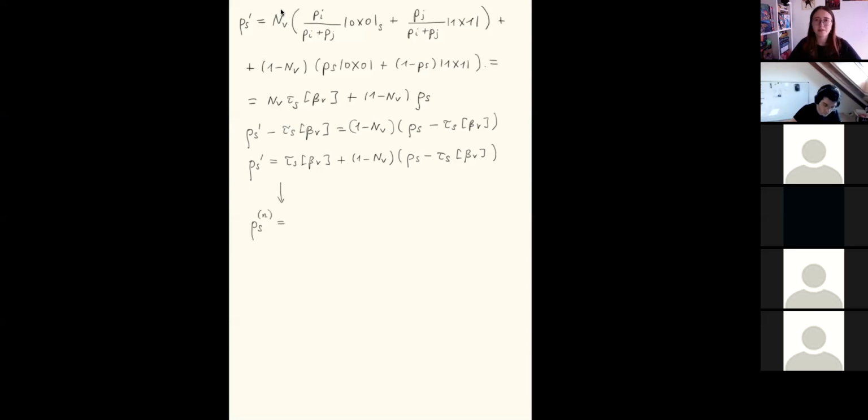And by induction, we can see that it follows that after we apply the same swap operation n times, by which I mean that we don't use the same virtual qubit, but we reset it to its initial state and then use it again, or we just have a lot of copies which we use, we end up with the following.